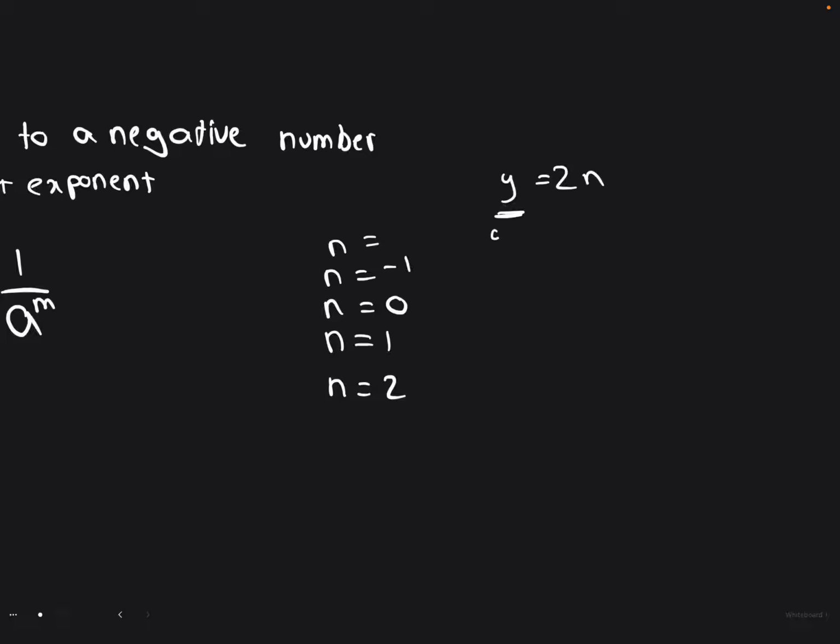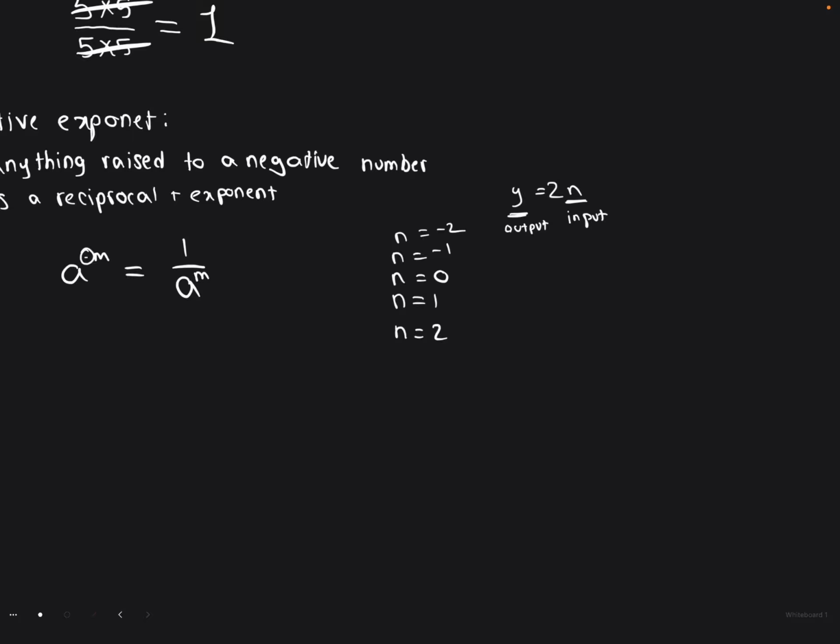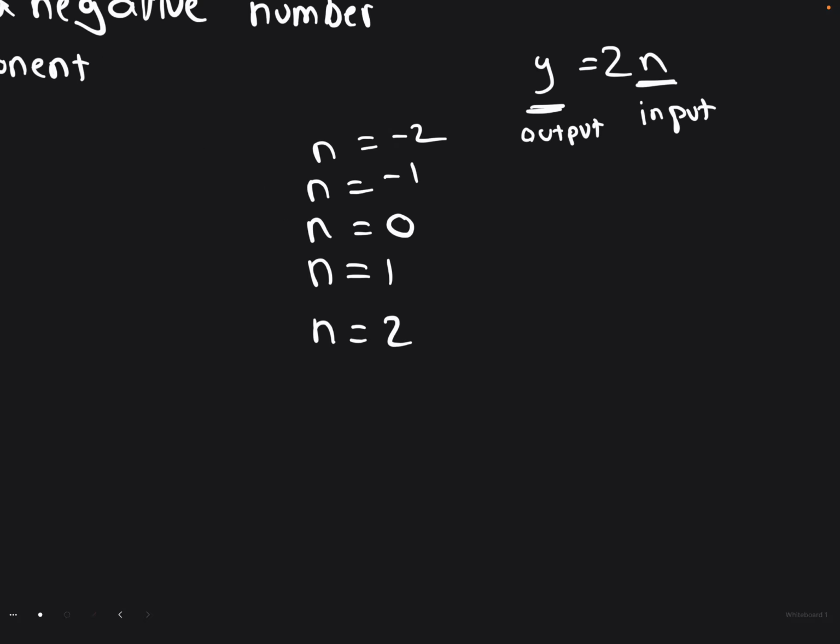This is the output, this is the input. We'll be substituting these values in for n. Note that n is an exponent here, and n is the input.